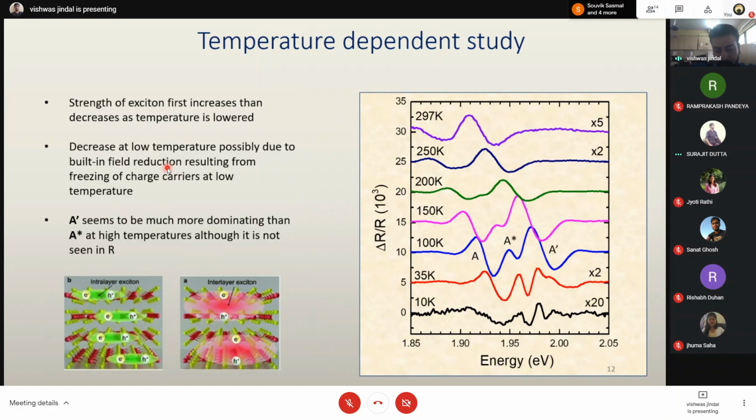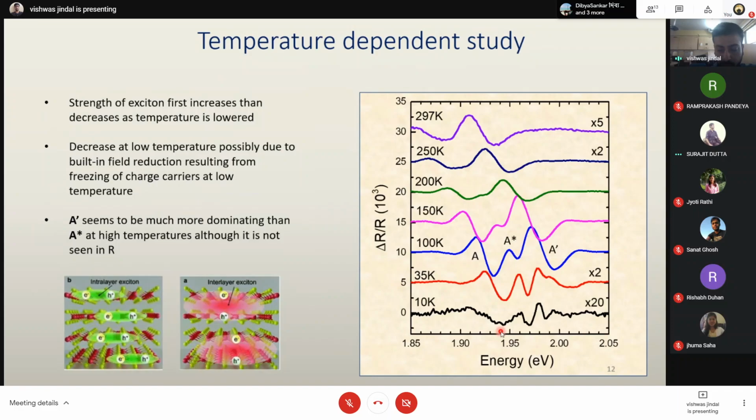So the modulation that I showed, what causes that? What I was saying is that these charge carriers might be freezing. I don't know that for sure, but that is a speculation. Their mobility is going down. I tried to do a Hall measurement with temperature, but it wasn't successful.